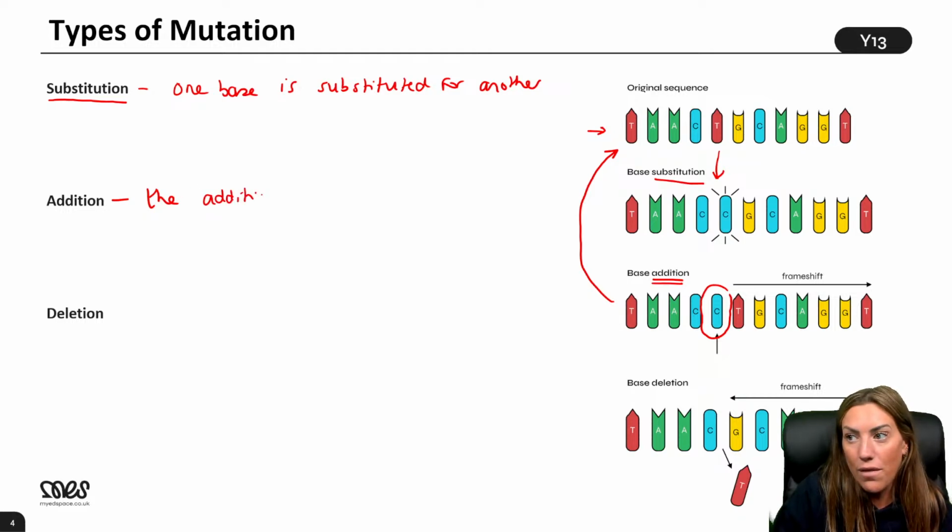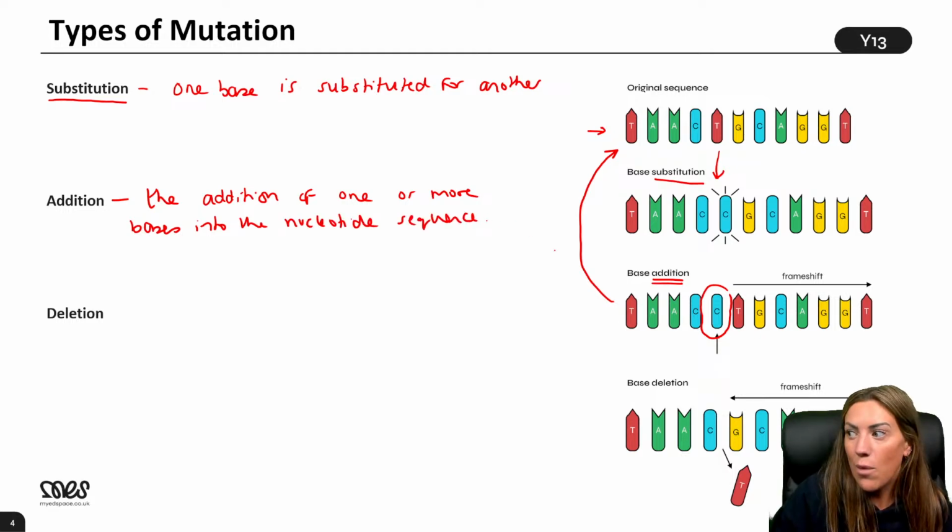So I'm going to put the addition of 1 or more bases into the nucleotide sequence. Here we've just got the addition of 1 extra nucleotide. So we've ended up with 1 extra cytosine base in that sequence of bases, but you could see additions where multiple nucleotides are added in at multiple different points, right?